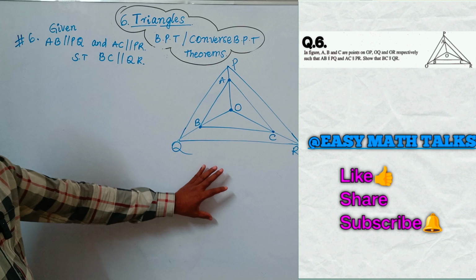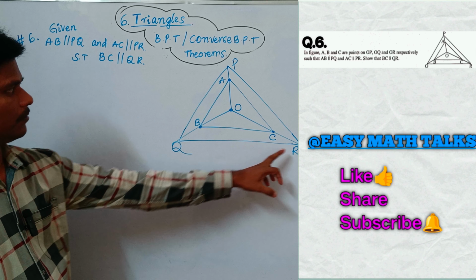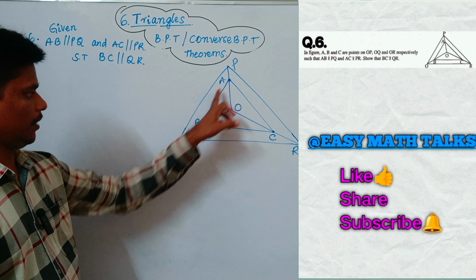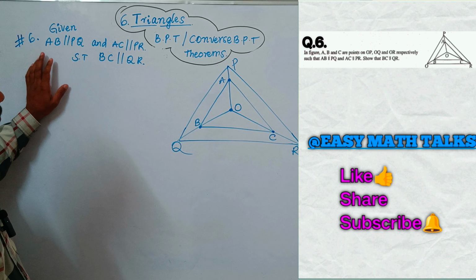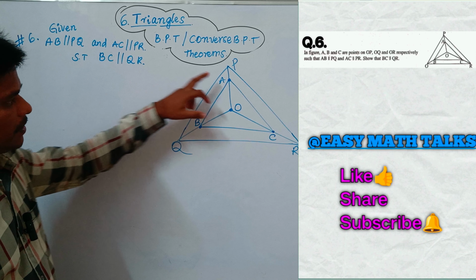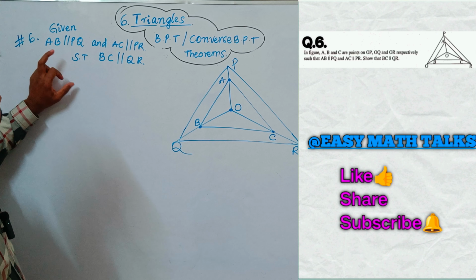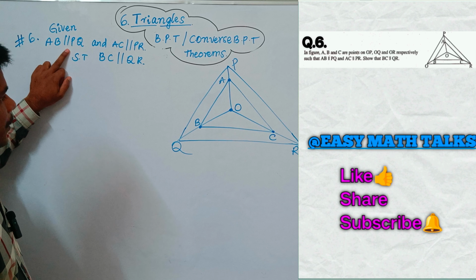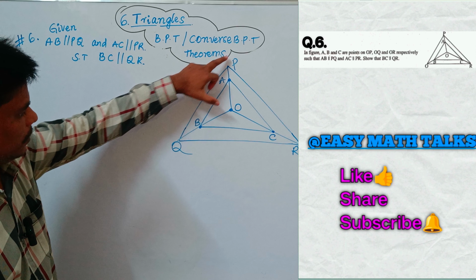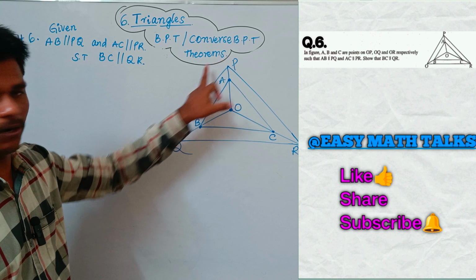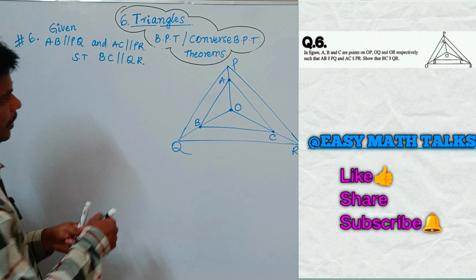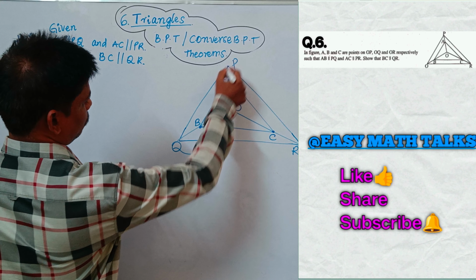See here, this is the adjacent figure. Triangle PQR, and here triangle ABC is there. In this figure, A, B, C are three points given, and AB is parallel to PQ.